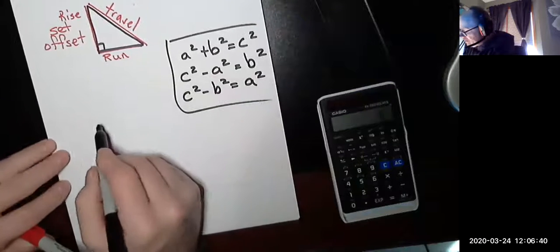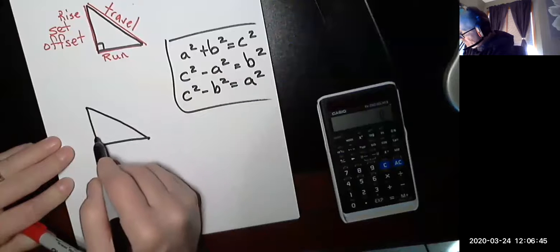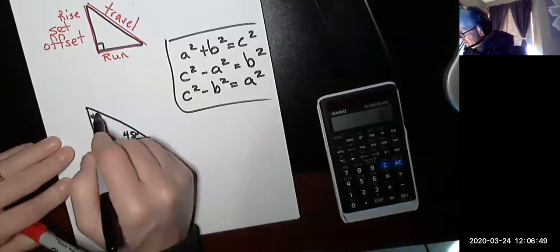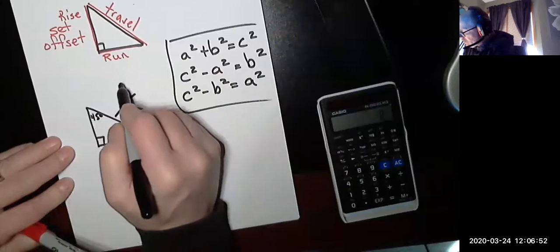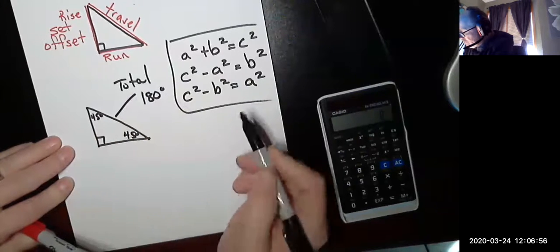The other part of the assignment is using a right angle triangle that has 45-degree angles. So any triangle has a total of 180 degrees in any right angle triangle.